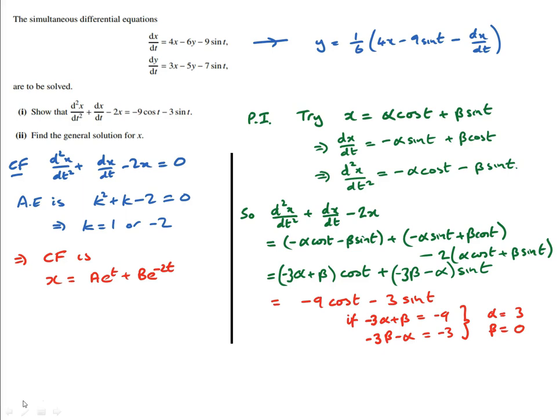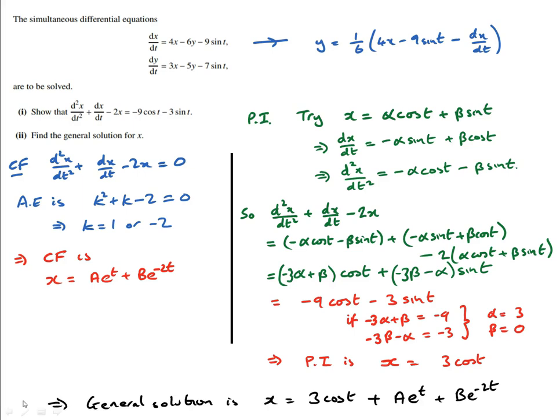So we have a particular integral of x equals 3 cos t. So our general solution is x equals 3 cos t plus a e to the t plus b e to the minus 2t.